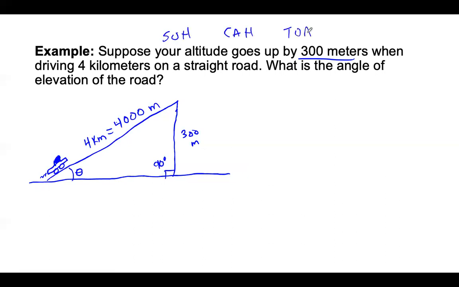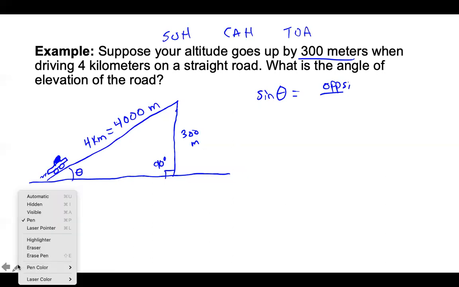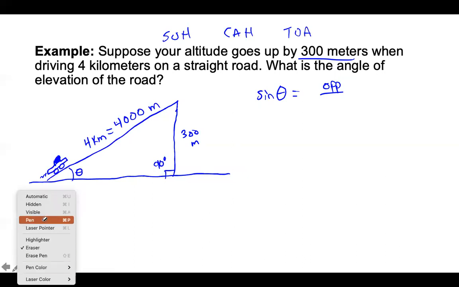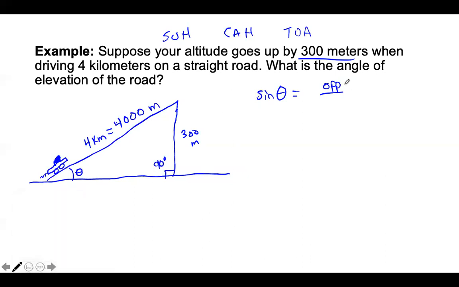This is how I do it. So which one are we going to use? Right, sine. Perfect. So sine is opposite over hypotenuse.